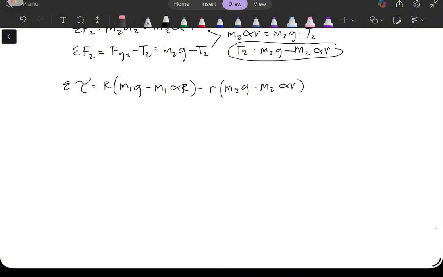Okay, and then net torque is also equal to this, which we can expand. And then set these as equal to each other. As I write this, I'm going to distribute the parentheses.